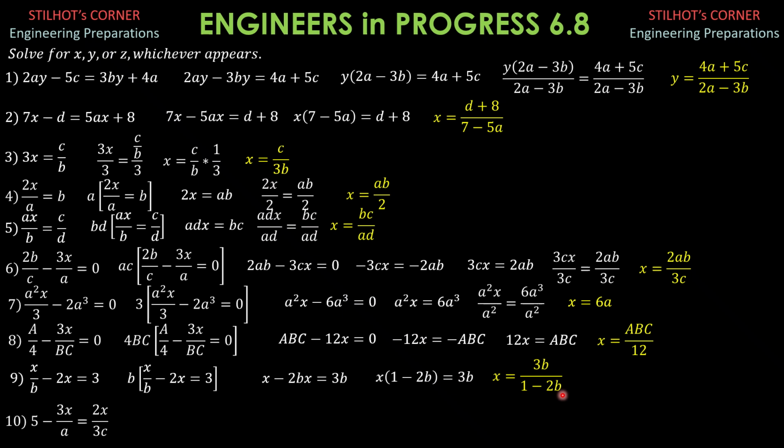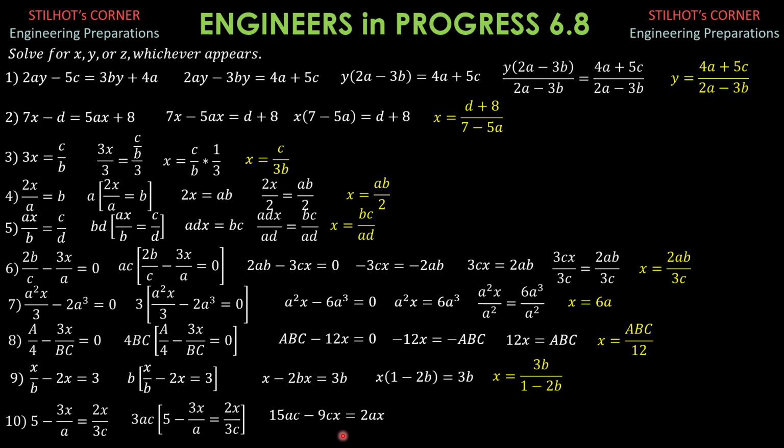Here, the LCD is 3ac. Multiply everything by 3ac. So, distribute. We have 15ac, then minus 9cx equals 2ax.